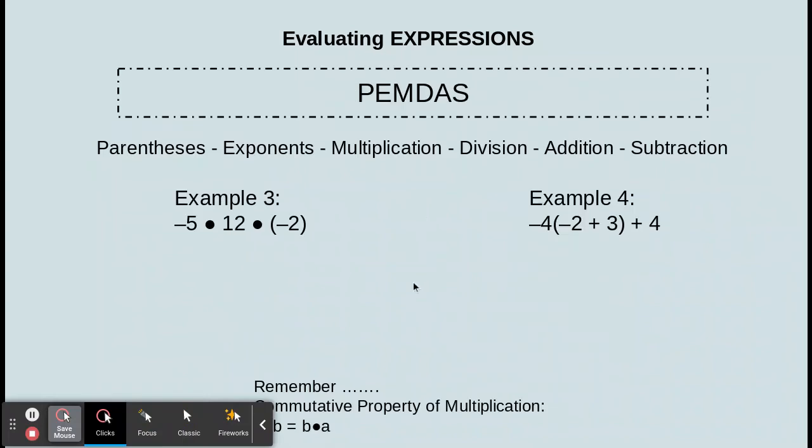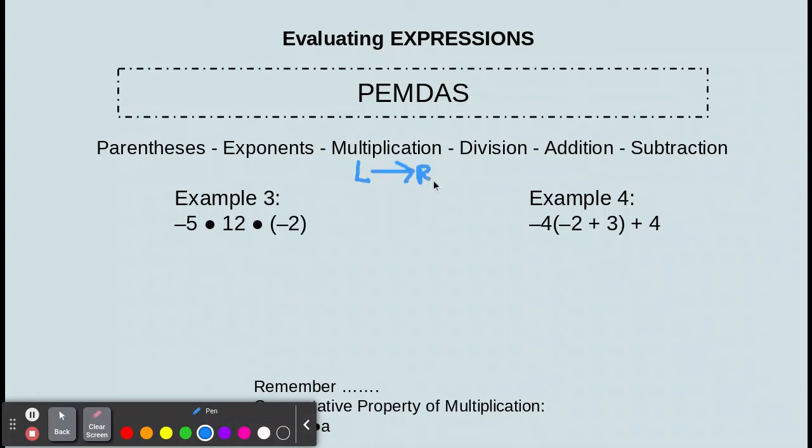Okay, here we have a few more examples to do using PEMDAS that are a little more involved. Okay, so on this one here, these are all multiplication, right? Remember when I said if you have more than one multiplication, you can start at the leftmost one and move right. So let's first do this one.